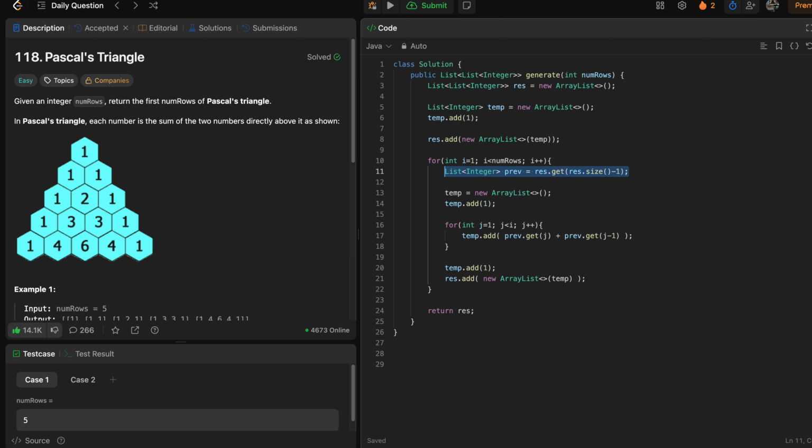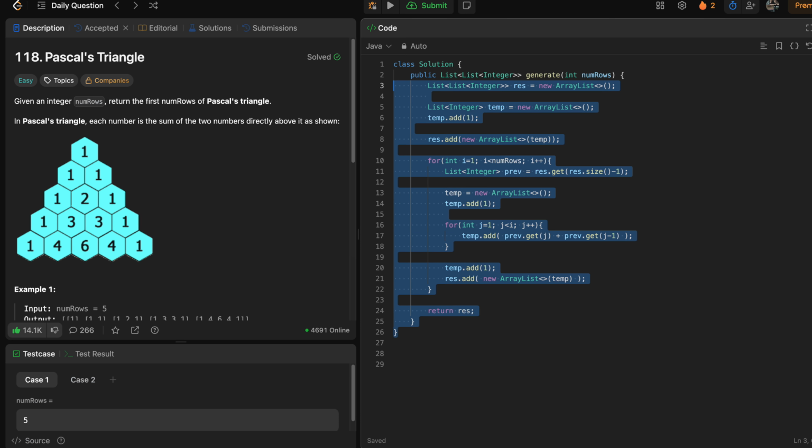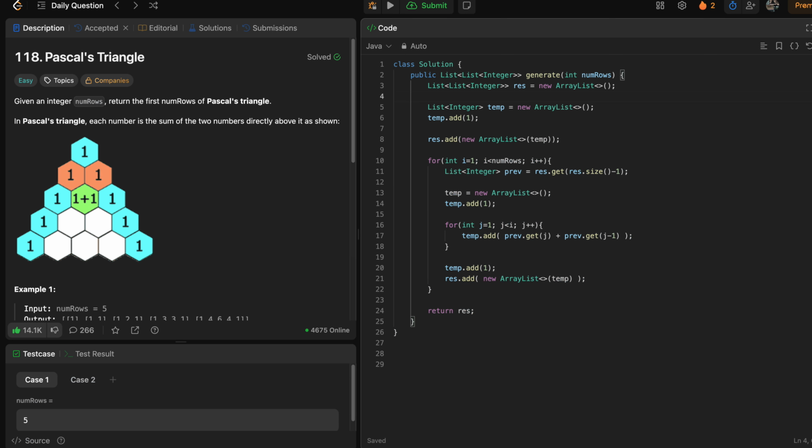I got the previous row because I'm going to iterate over it. Let us say 1 1 is there. In the previous row, I will start from index 1: 2 plus 1 is 3, 1 plus 2 is 3. Every row starts with 1 and ends with 1, and the middle elements are calculated using the Pascal rule, and then I just add it to the resultant 2D list.